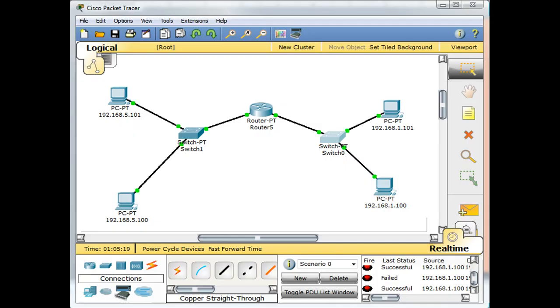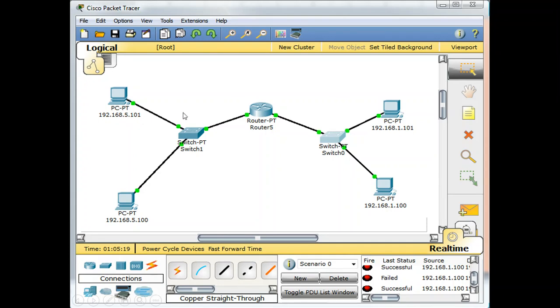All right, so for example, this is a typical example of two networks here. We have a router that is in between the networks. On this side is .5, on this side is .1. So as you can see, 192.168.1 is the network address on this side. So the default gateway here will be 192.168.1.1 on this router interface.